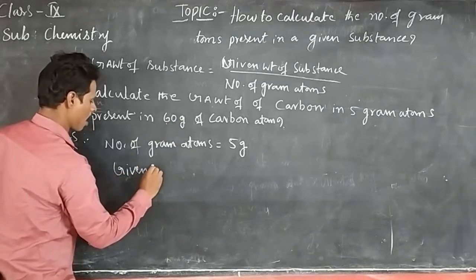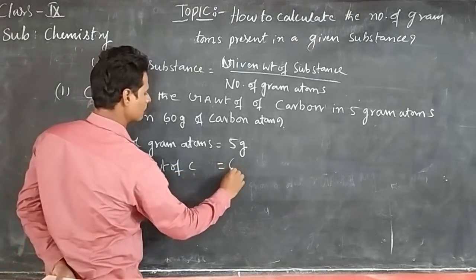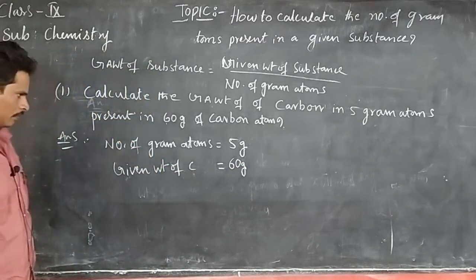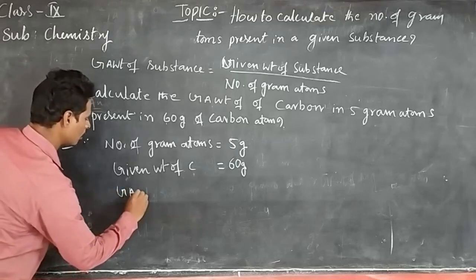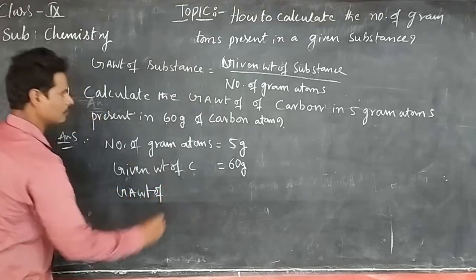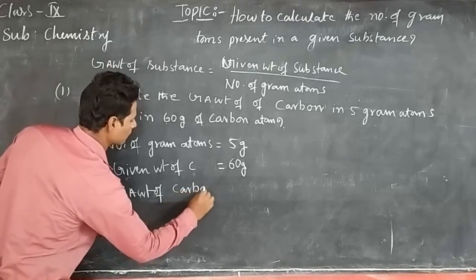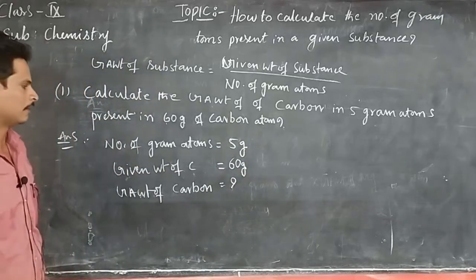Given weight of carbon equals 60 grams. Next, which one do I have to calculate? Gram atomic weight of carbon equals question mark.